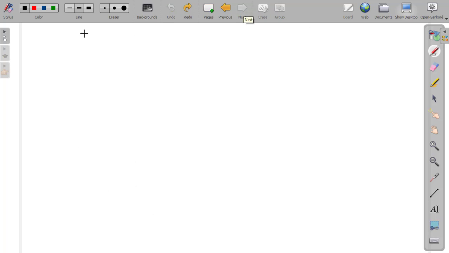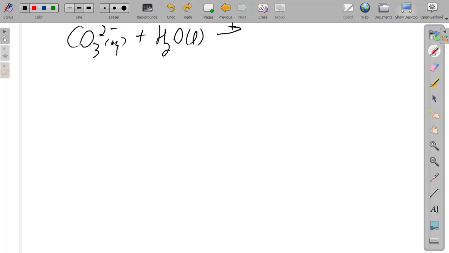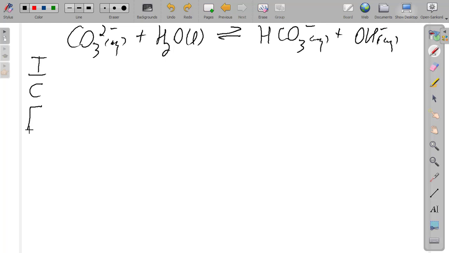So starting again, carbonate, aqueous, plus H2O, liquid, is going to give us an equilibrium of bicarbonate and hydroxide. All right, and this is important, that it generates hydroxide and we need a Kb. But what we need to do is calculate the equilibrium-line values so we can plug them into our expression.